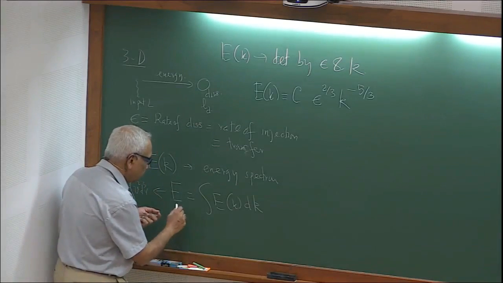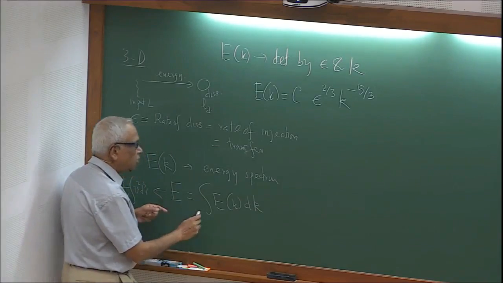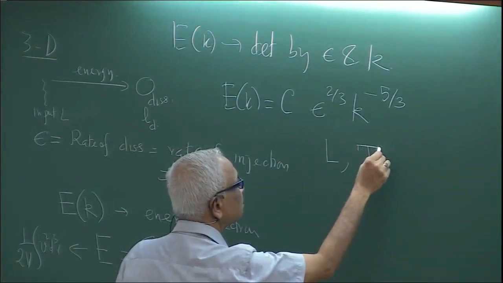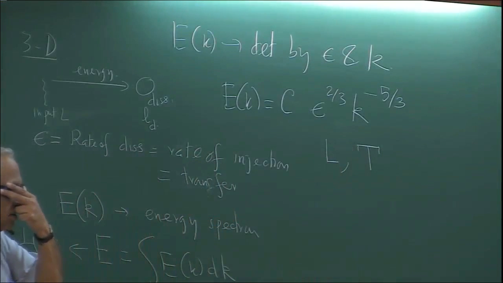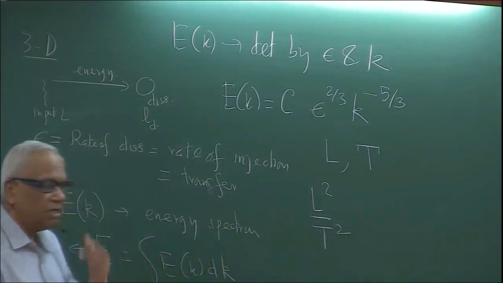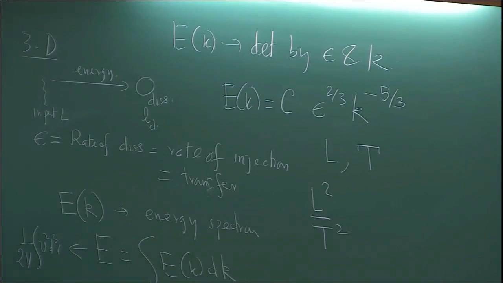So the only dimensions available to us, mass is out, so it's length L and time T. The dimension of E is L squared over T squared, right? So what's the dimension of E(k)?